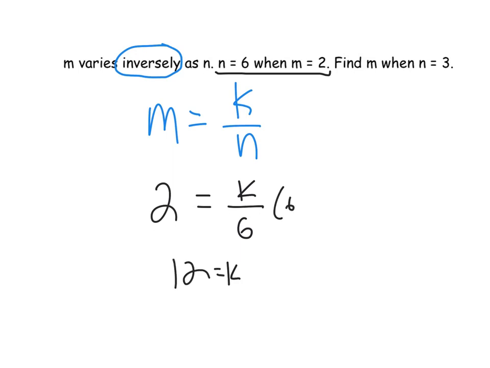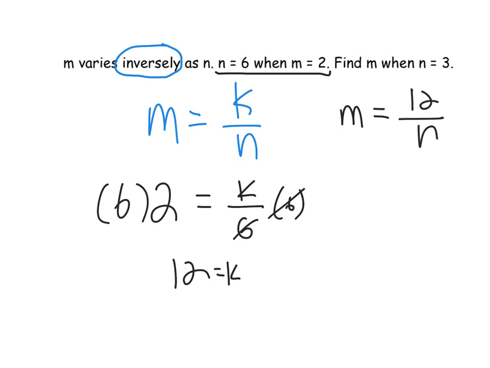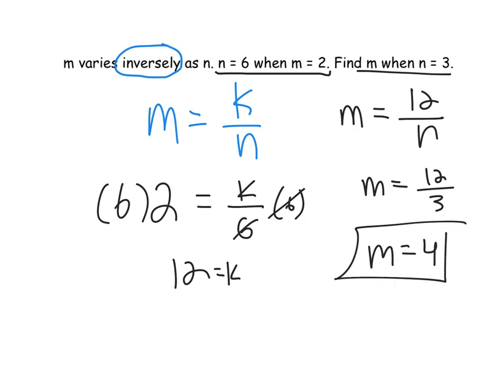We can see that by multiplying both sides by 6. So now we have m equals 12 over n. Sorry, let's keep consistent with the variables. So now we're going to find m when n is 3. So m equals 12 over 3. So m is going to be 4.